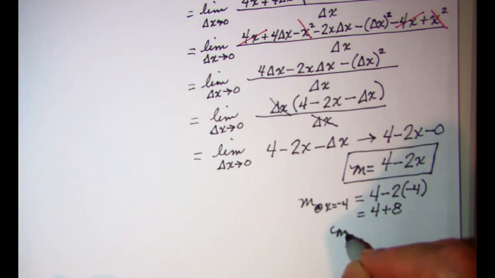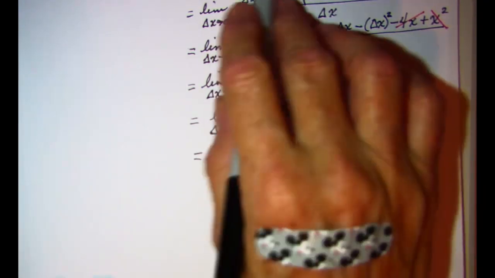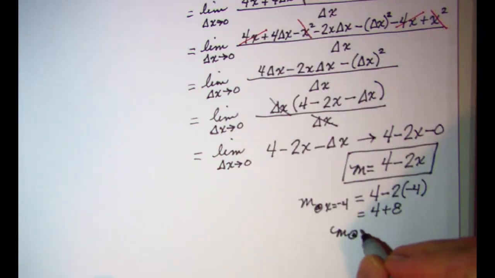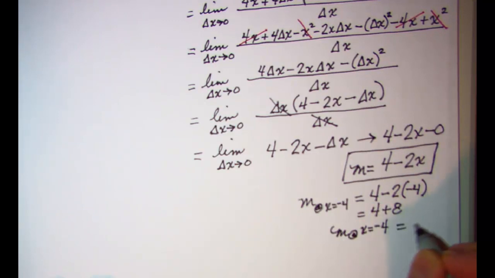So our slope at x equal negative 4 is equal to 12.